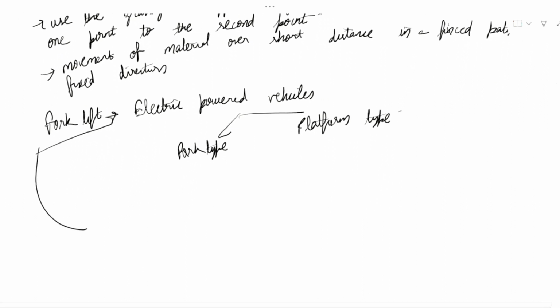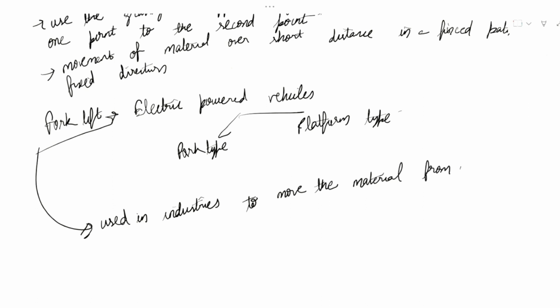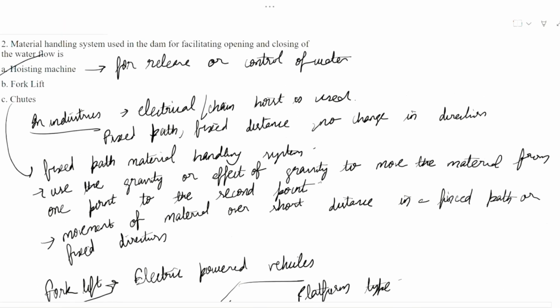It is used in industries to move the material from one section or one department to another. Okay, so we discussed what is a hoisting machine, what is a forklift, what is a chute. So this was about the material handling system.